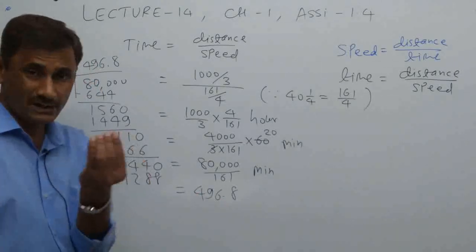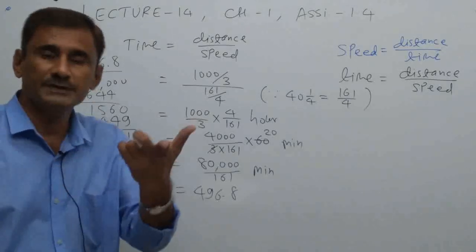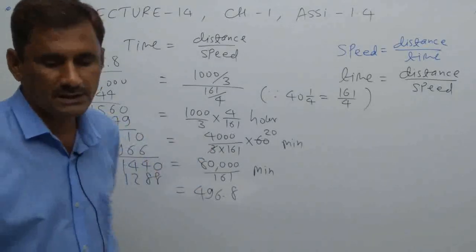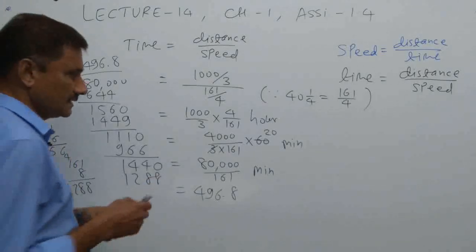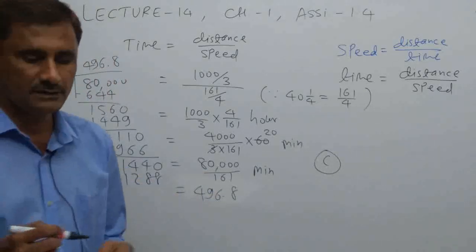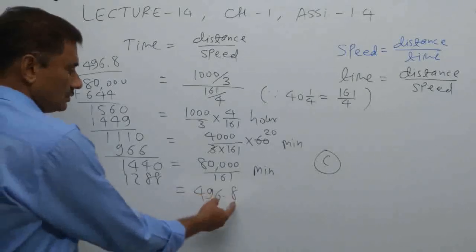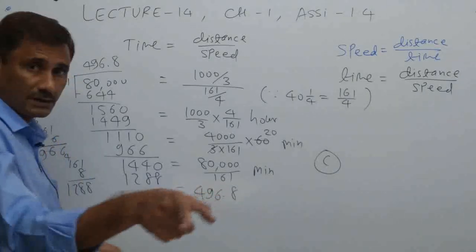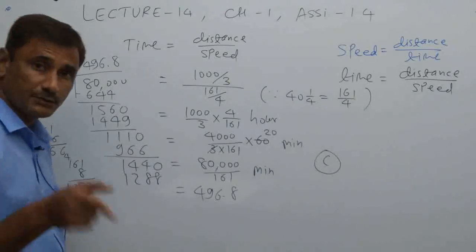Okay, it is very close to that. Actually it is their mistake, not ours. It should be 8 there. So we are selecting option C, because out of all the options the very close option is that one, C. You can correct it there. If you want to correct, write down 496.8, not 6.